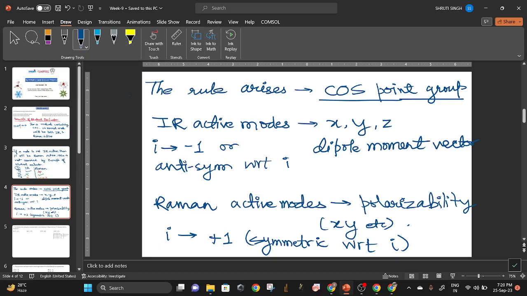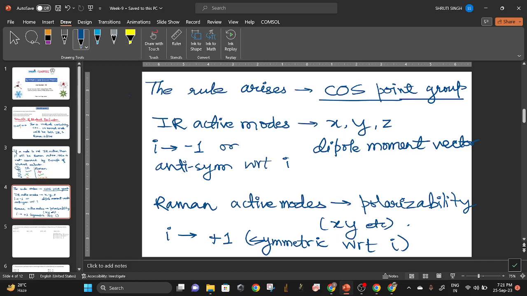So if a mode is active in IR, meaning the character is minus 1 or it is anti-symmetric, then it will not be active in Raman. The basis is the character under the center of symmetry operation.